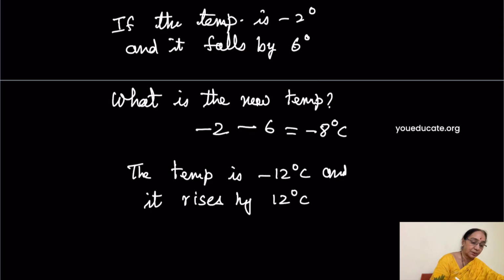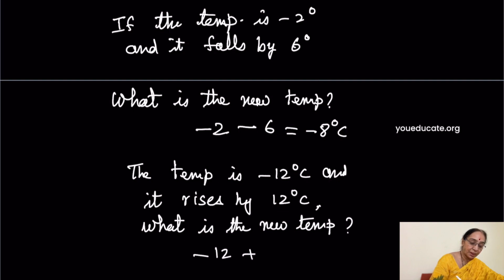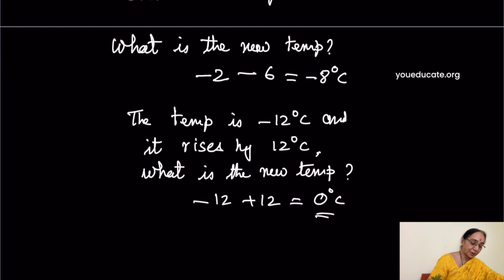It rises by 12 degrees centigrade. What is the new temperature? What do you think it is? Minus 12 added to positive 12 gives you 0. So the temperature is 0 degrees centigrade.